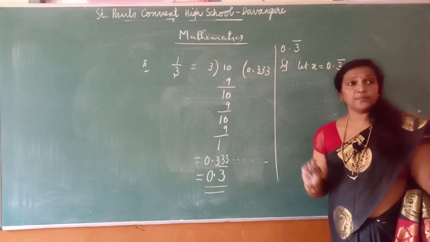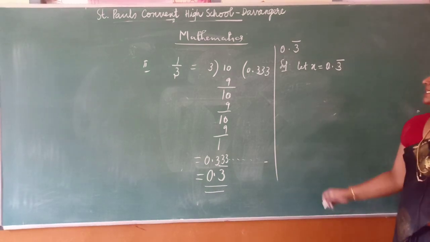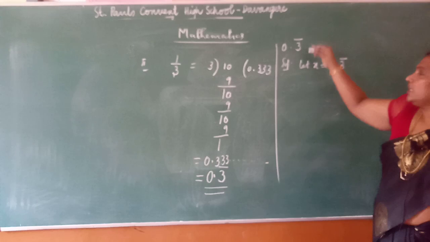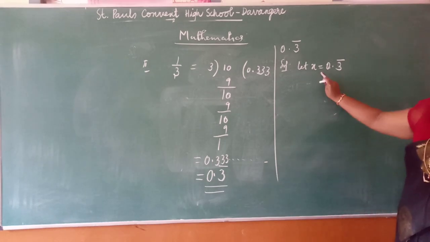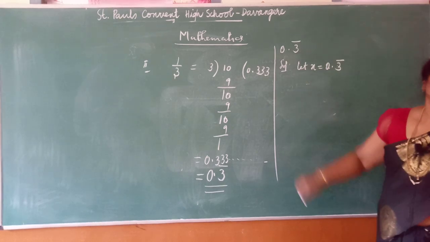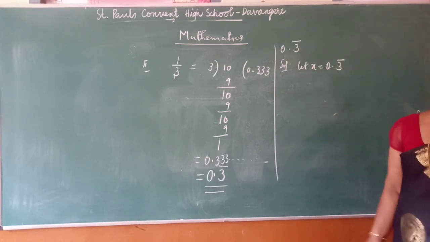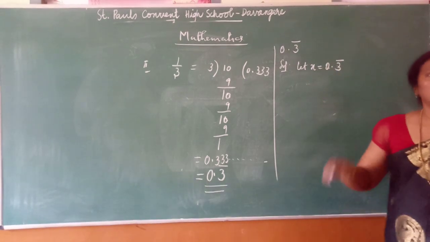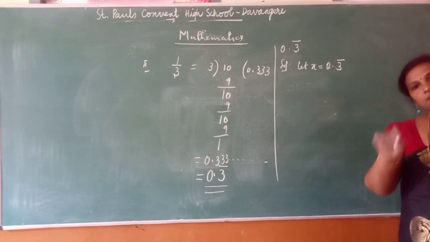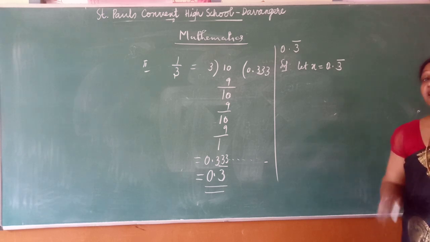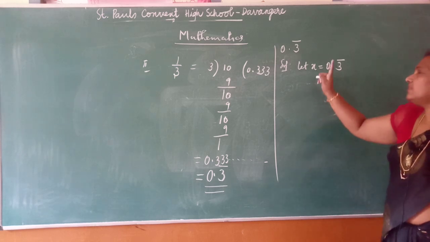But what are the steps you have to follow now? Since the bar is only on one digit, you have to multiply this equation by 10. If the bar is on two numbers, you have to multiply this equation by 100. If the bar is on three numbers, then you have to multiply the equation by how much? 10, 100, 1000, it is 1000. So, this is the first step.